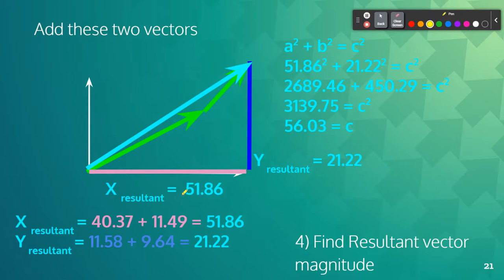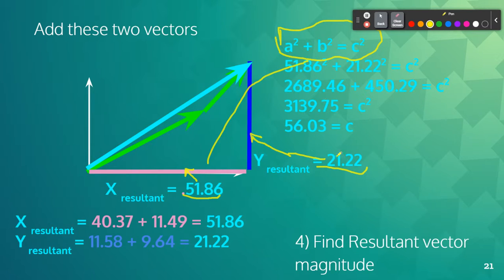So this is what we figured out for that overall x, and this is what we figured out for our overall y. So once we have that, that's these sides of the triangle. And so that means that now I can use my Pythagorean theorem to solve for my hypotenuse. So using a squared plus b squared equals c squared, I'm able to plug in these numbers here for a and b and solve for c.